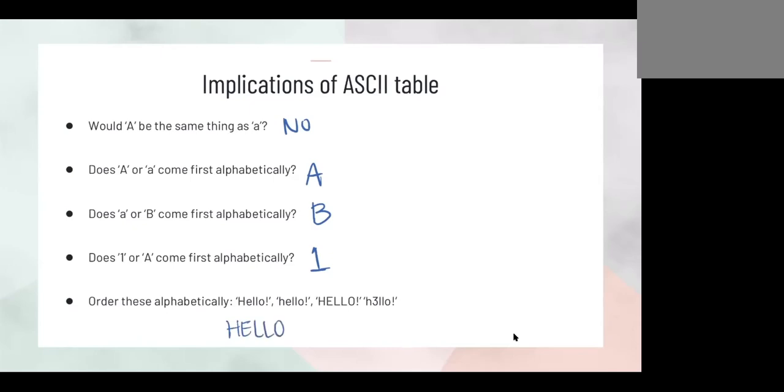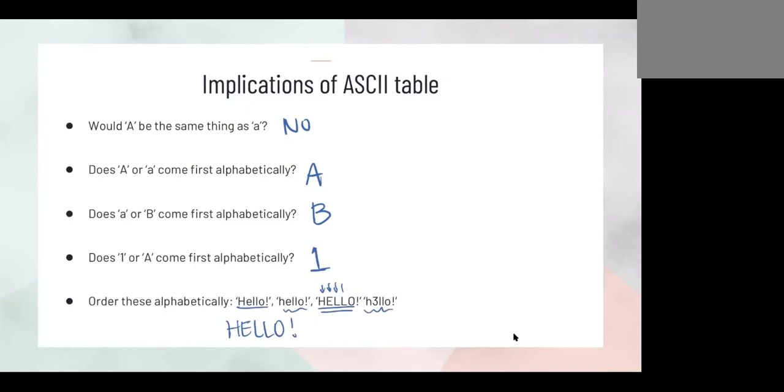The reason why is because this is capital, this is capital, this is capital. Remember, capital letters precede lowercase letters. So we have this hello, all capital letters, versus this hello, which only has 1 capital letter at the very beginning, versus these 2 hellos, whose first letter is lowercase.